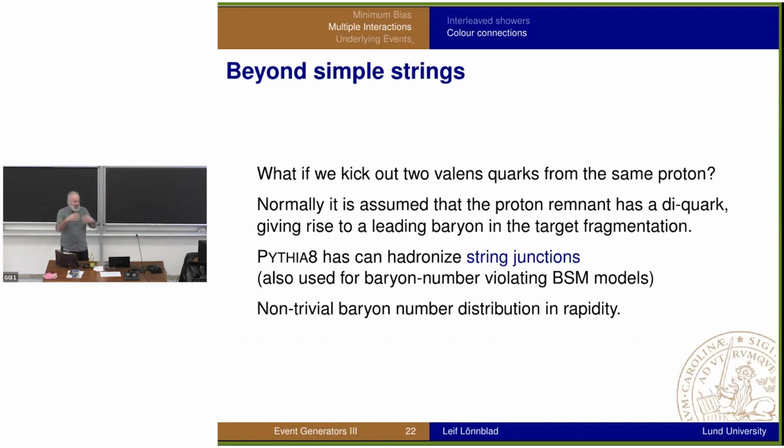What is left is something that we call a junction. It also means that the baryon number, which normally would be associated with the proton going down the beam pipe, can actually move in rapidity in a non-trivial way. Lots of things you can study here.